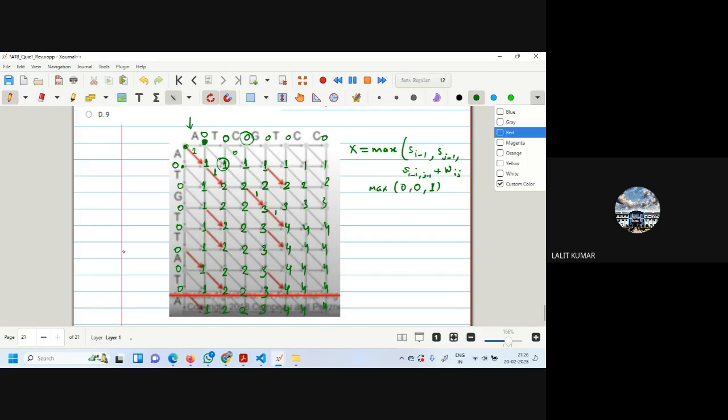Is that okay? Yes. Now, how to find the path here? So, see, this is the starting and this is the end. So now we know the length of the path is 4. So we start from here and we have to follow from where it has come. It can come from anywhere from here to here. So in this case, multiple paths are possible.